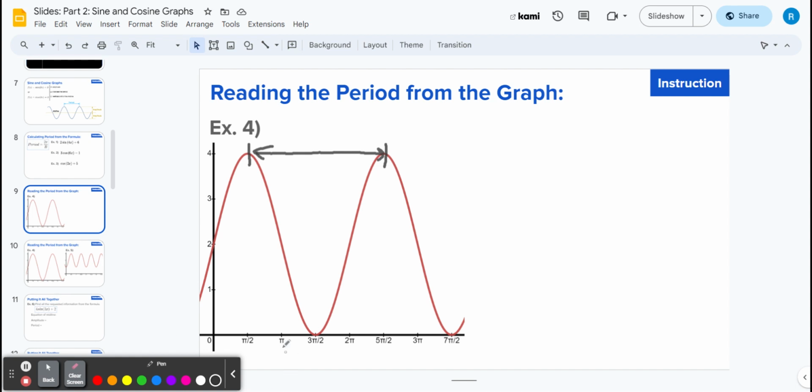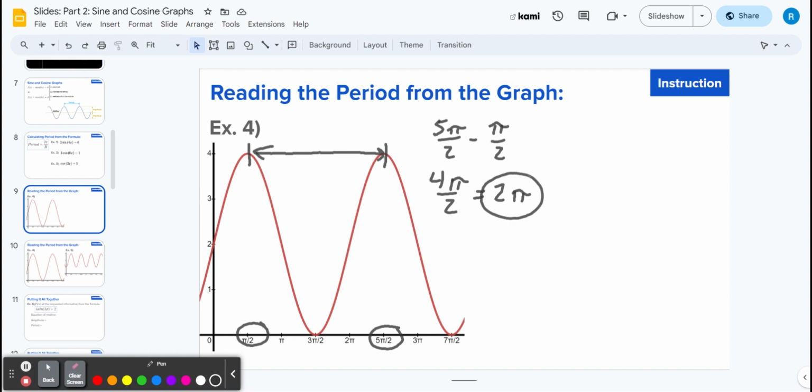We'd have an interesting problem to do. We'd have 5 pi over 2 minus pi over 2 would be what that is. 5 pi over 2 minus pi over 2. If you actually did that math, we would have 4 pi over 2, and that would just be equal to 2 pi as our period.